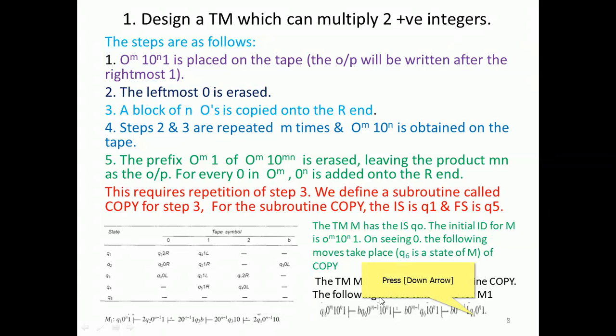From input Q0 0^m 1 0^n 1, it goes to Q6, replacing 0 by blank, giving 0^(m-1) 1 0^n 1. Applying instantaneous descriptions, B 0^(m-1) Q6 1 0^n 1 and B 0^(m-1) 1 Q1 0^n 1.